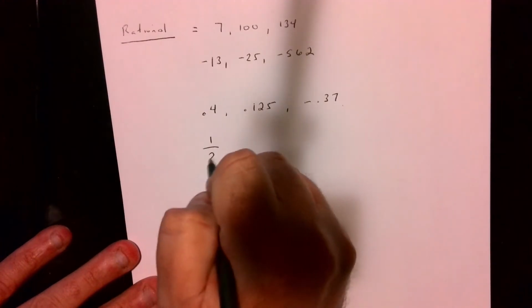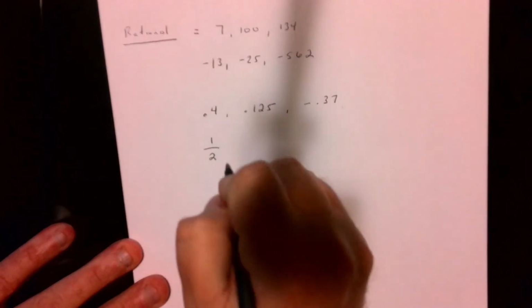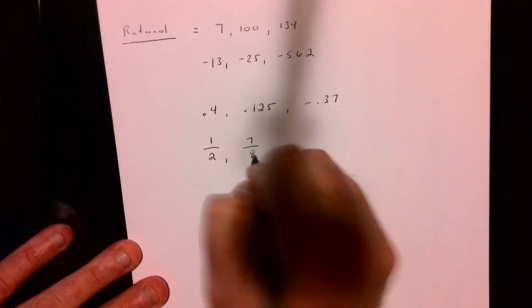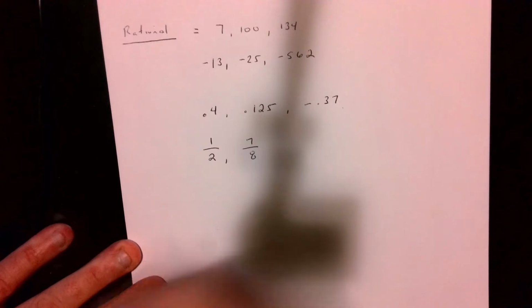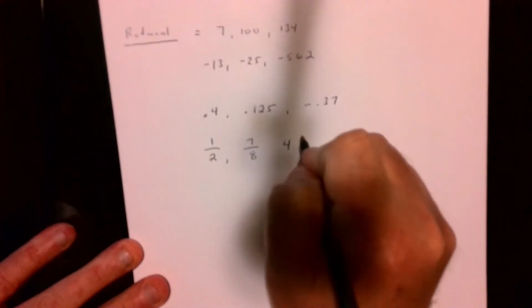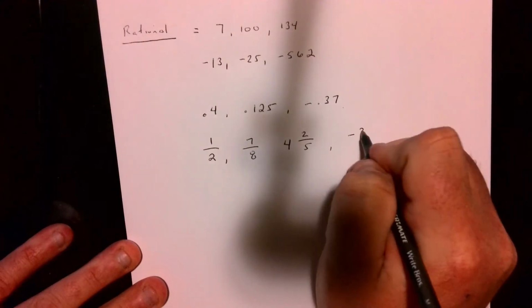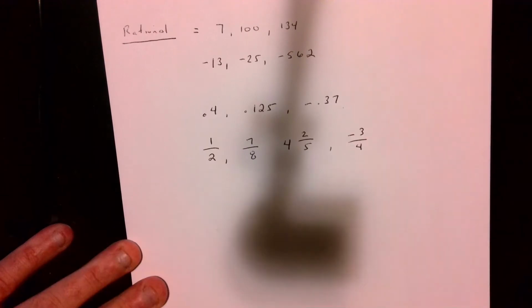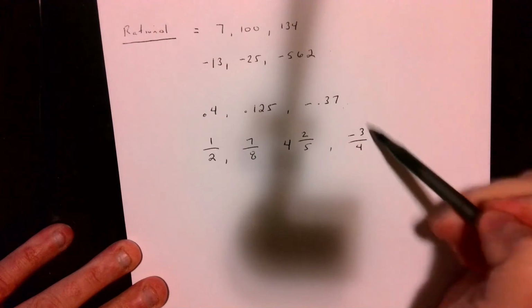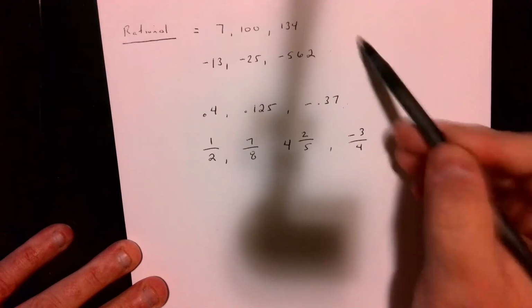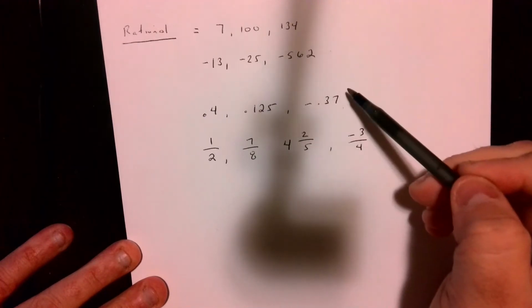Any number that you write as a fraction, like 1/2, that's rational. 7/8, that's rational. Mixed numbers, 4 2/5, that's rational. Even if we make it negative, let's say negative 3/4, that is rational. So any number that comes to a stop or that we can write as a fraction is always rational.